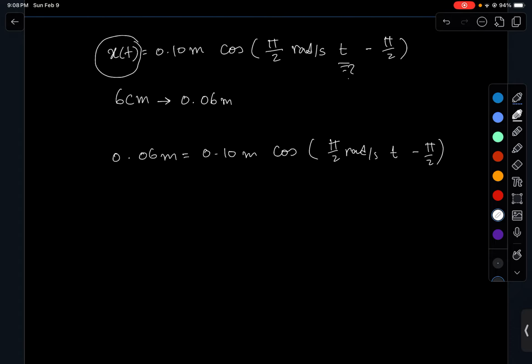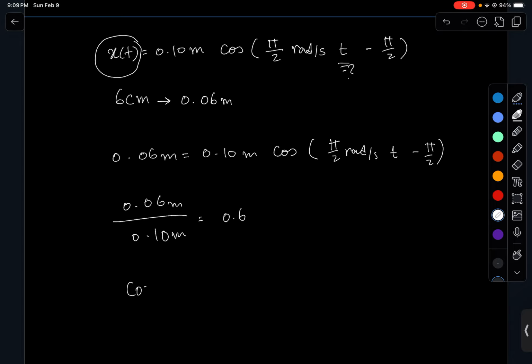Let's divide 0.06 meters by 0.1 meters. It's going to give us 0.6. We move cosine to the other side.